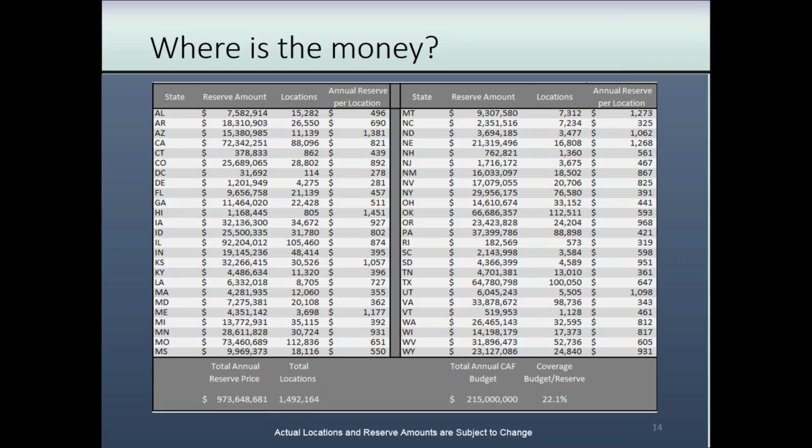So in terms of a budget to reserve value, we have a coverage ratio of about 22%. Therefore, in a perfectly efficient market in this auction, the FCC would be greatly pleased if all the bidders bid exactly distinct blocks at 22% of the reserve price, and we would have a higher degree of broadband availability across all of rural America.